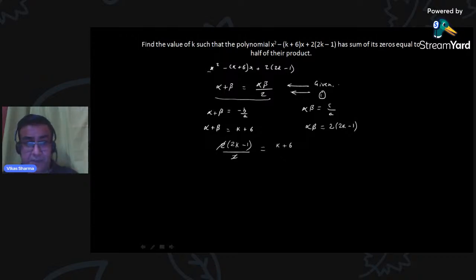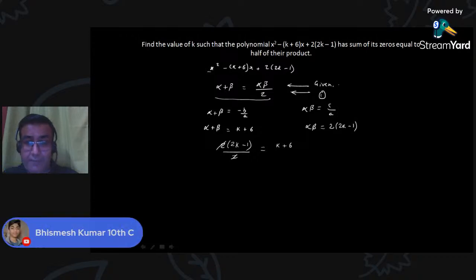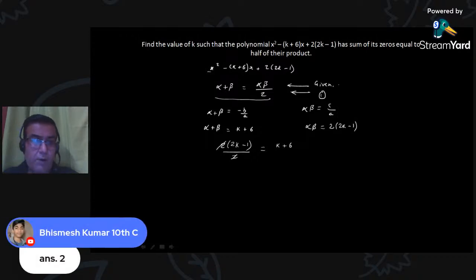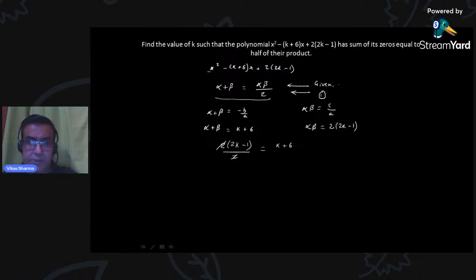Bishmesh, have you found out the value of k? Okay, Bishmesh is saying the value is 2. Let's see what the value is. Okay, so we have got 2k minus 1 is equal to k plus 6. I don't think it is 2, because k will go to the other side.